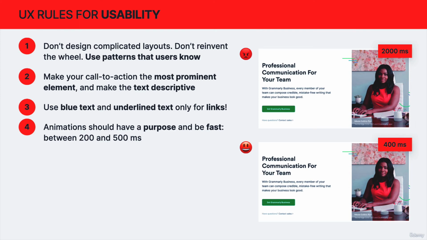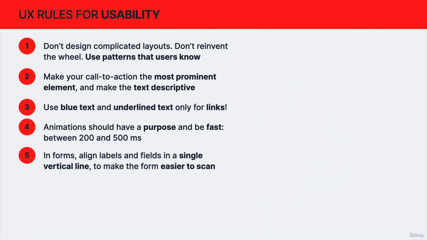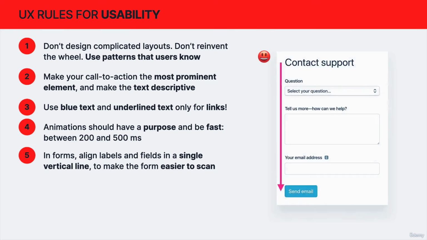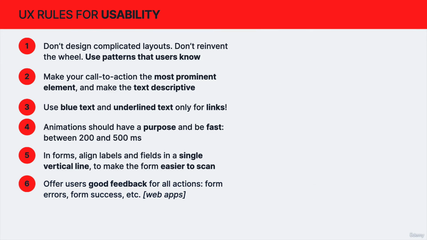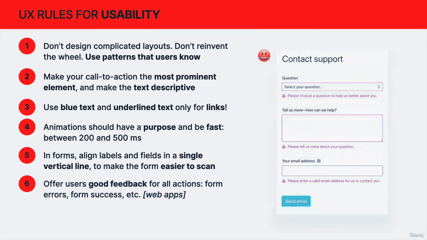Next up, when you design a form, it should be very easy to scan. And in order to do that, you should align your labels and fields in one single vertical line, just like in this example here. And another one about forms is that you should always offer good feedback for all the actions. Whatever happens after a form is submitted should clearly be stated in your interface, because otherwise that might be very frustrating.